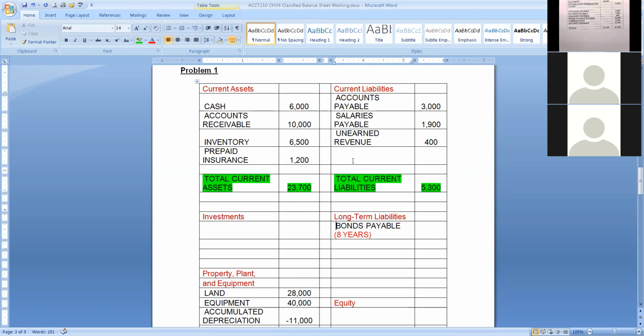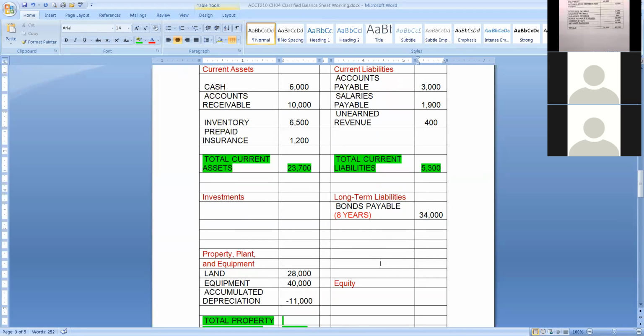So if it's for less than a year, it'll be up here. If it's for more than a year, it's down here. All right, so bonds payable 8 years, 34,000. And I think that's it.